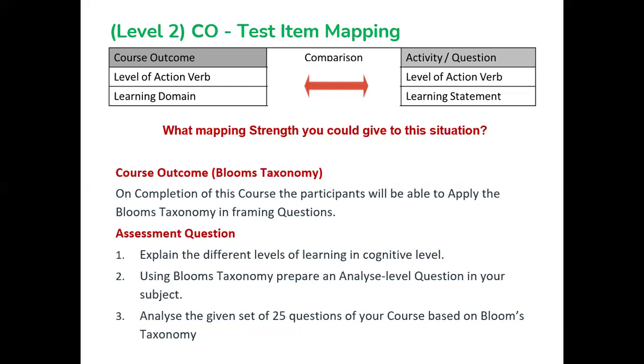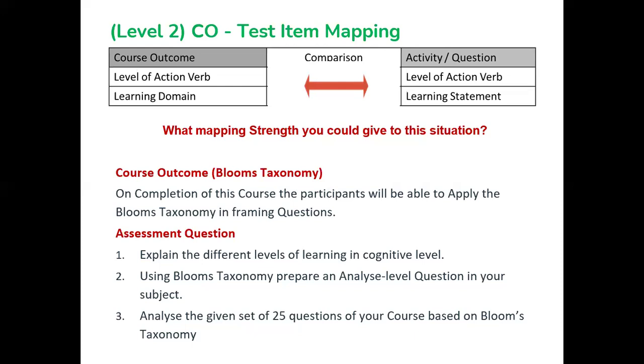If you are designing it module-wise or unit-wise, you can check what the student can do after completing that unit or module. If the student is able to apply or analyze something there, you can have the CO at the analyze level. Don't put it at the understand or remember level.